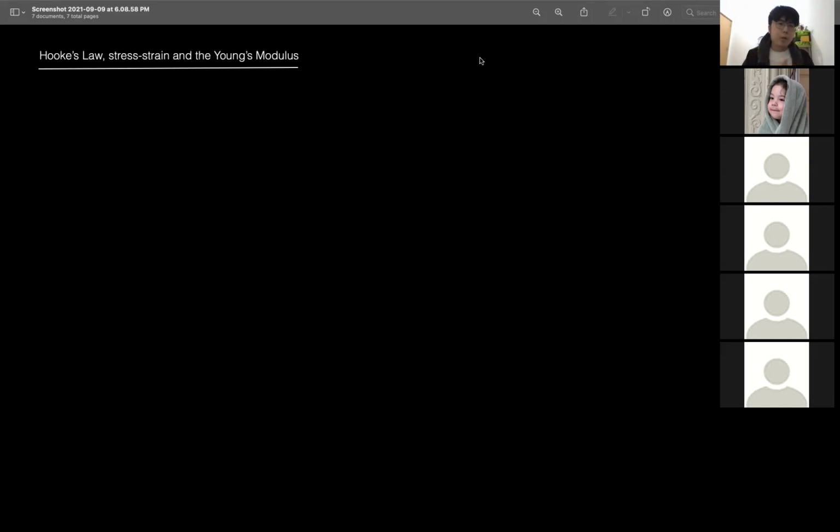Okay, now what makes an object elastic and what makes an object inelastic? It is the behavior of the molecular structure of the substance or of the material. You see, when I apply tension, tension means stretching, I stretch it apart.